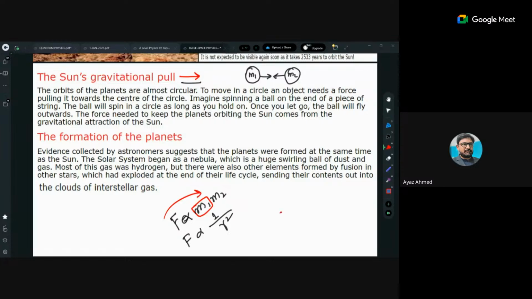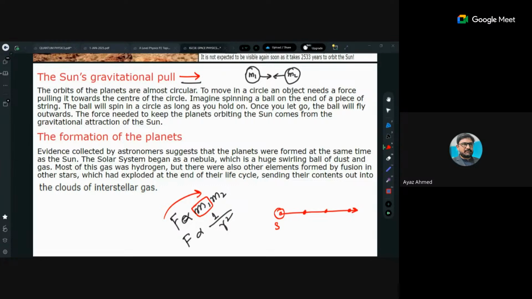Okay, and if one body is here and the other body is far away, let's say this is the sun, and we have one object here, second object here, and third object here. So as the distance increases, gravitational pull decreases. Got it? So you have to keep these 2 points in your mind at this stage, that gravitational pull is directly proportional to mass of the planet or mass of the object.